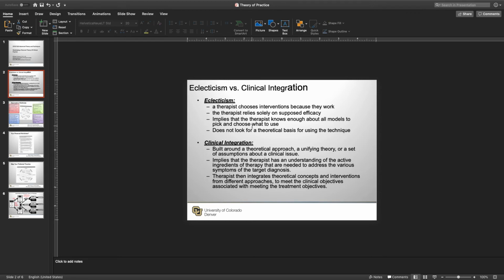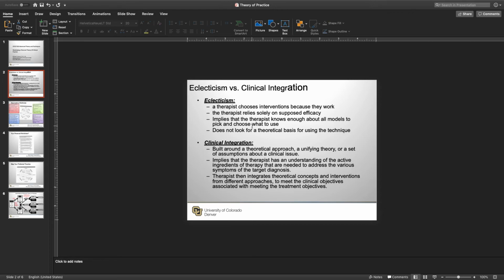And when I got to Florida State for my doctoral program, that was such a big part of our program, that every student who graduated from the program would leave with a very integrated theory of practice, that we could explain why we did interventions and what was the underlying rationale for using this theory as opposed to that theory.